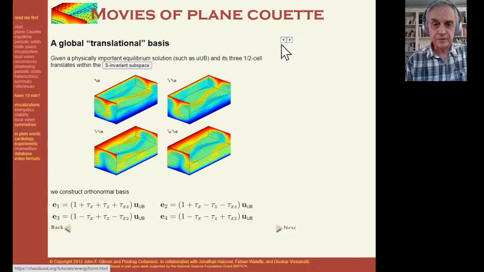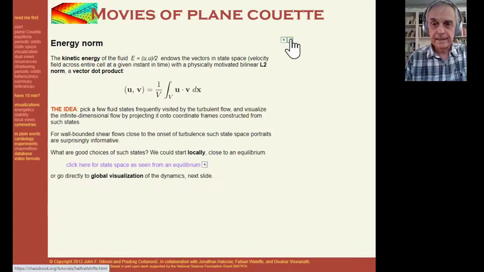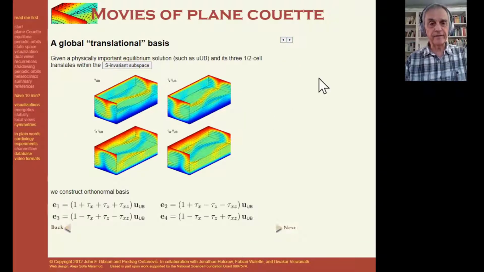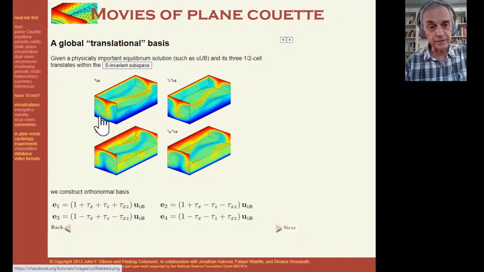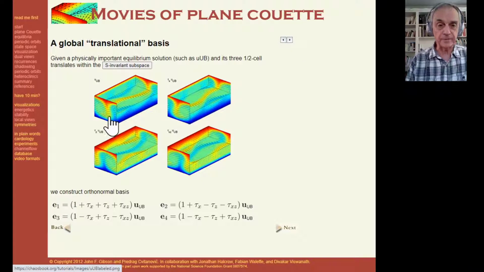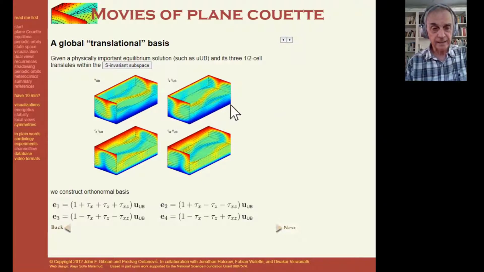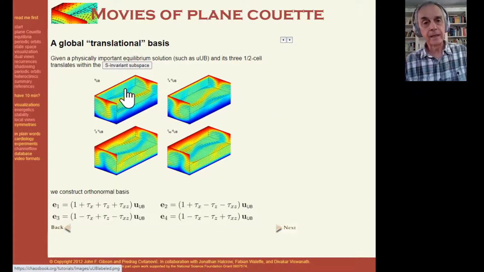And here is the idea of the global thing. You know, I just told you, when you have a point in a state space visualized in 3 dimensions, it looks like a recognizable solution of the flow. So that's one of the equilibria, which we call upper branch. And I showed you this picture at the very start. So this corresponds to a point in a state space.